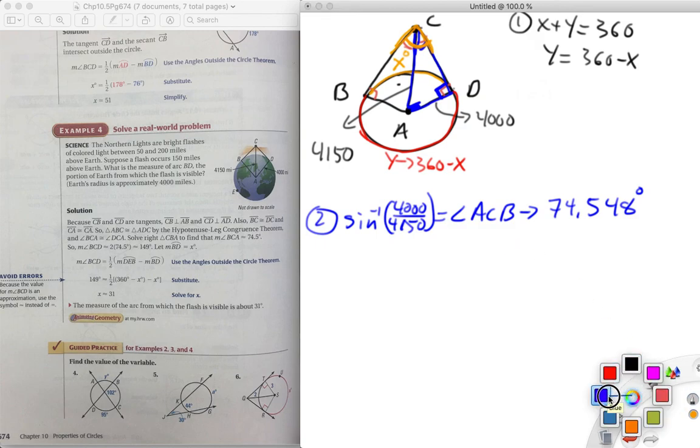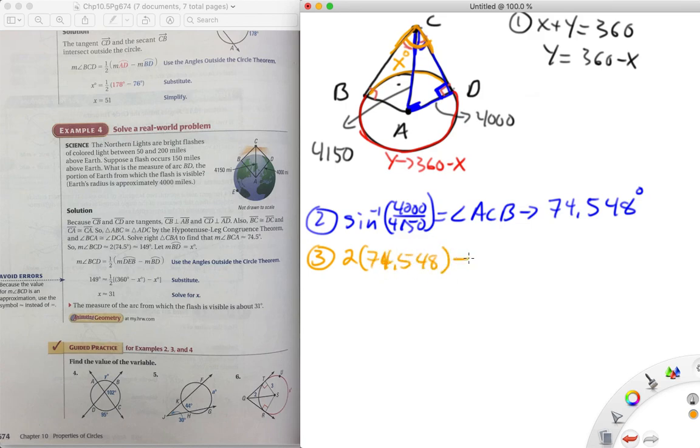So step 3, multiply 2 times 74.548, and that gives me angle BCD, which is 149.09.